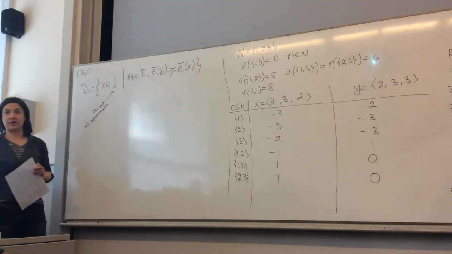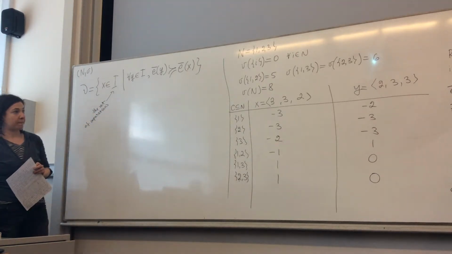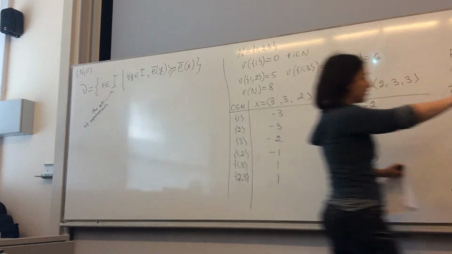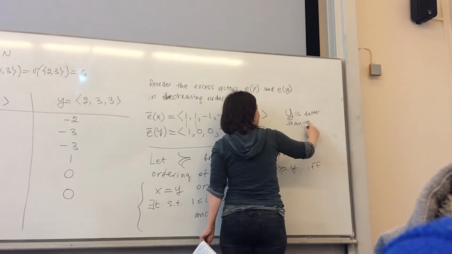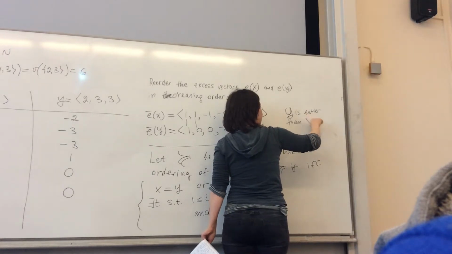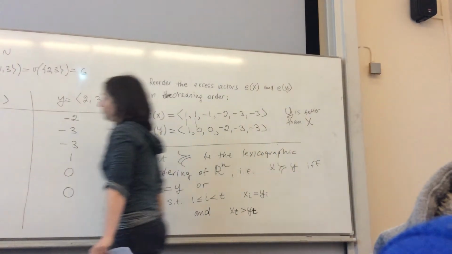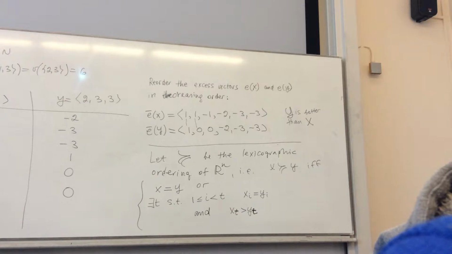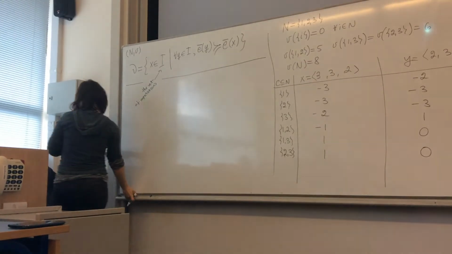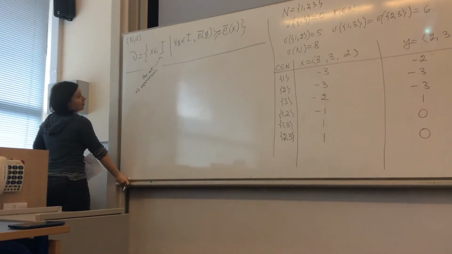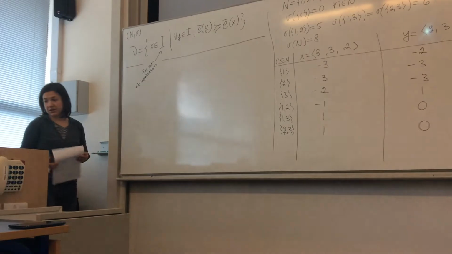We want to minimize excess. Oh, yeah, that's wrong. y is better than x, because the excess of x was larger. So this is a set of solutions.